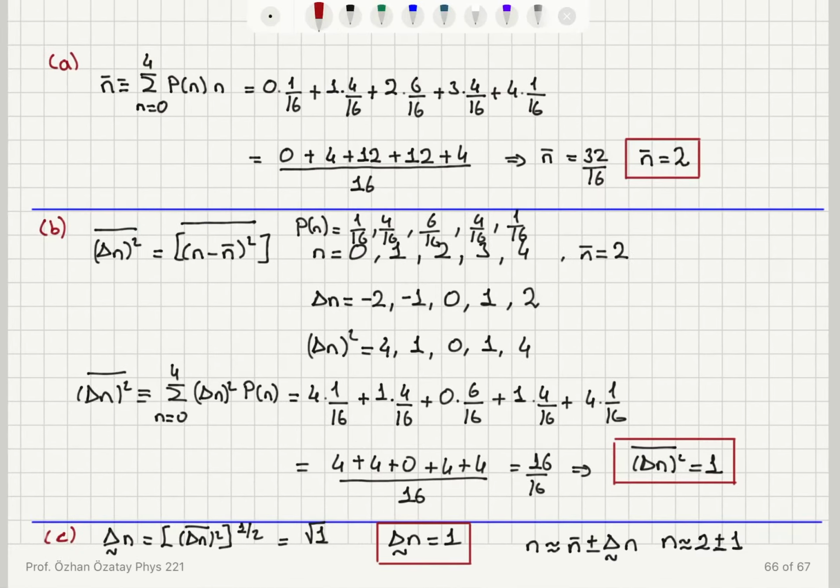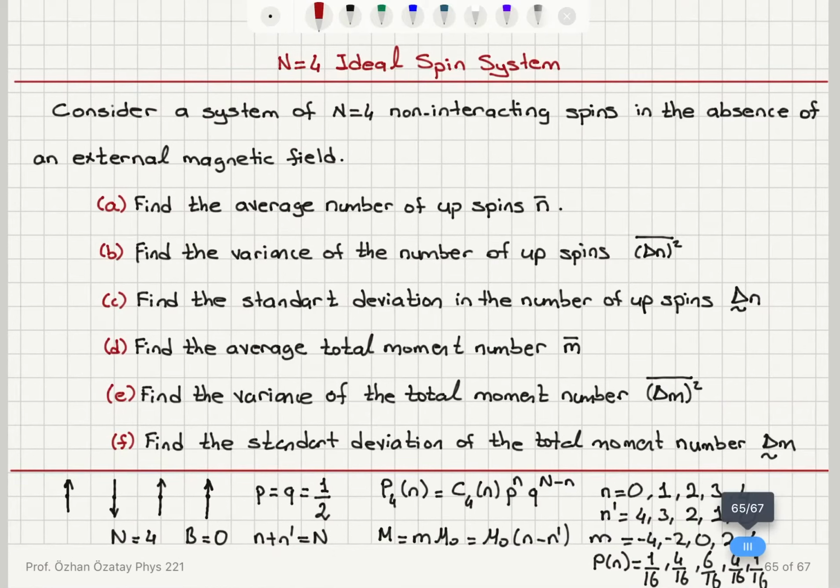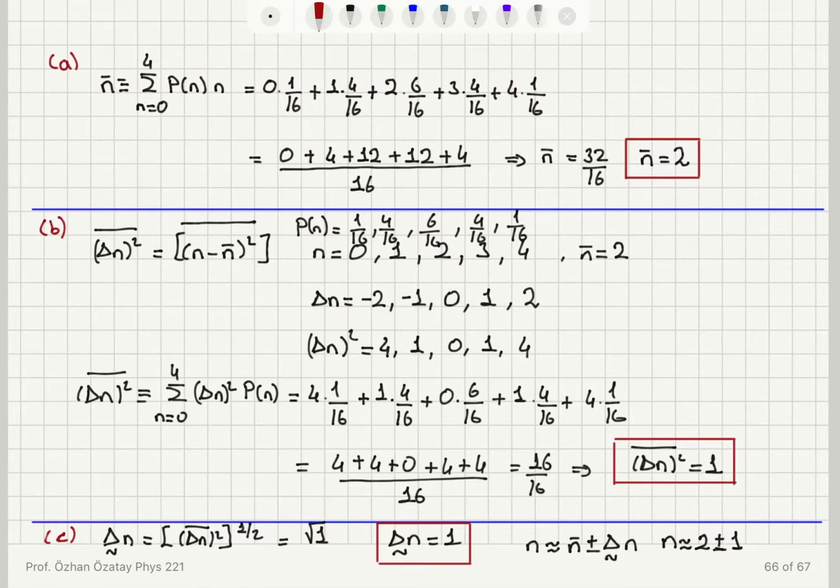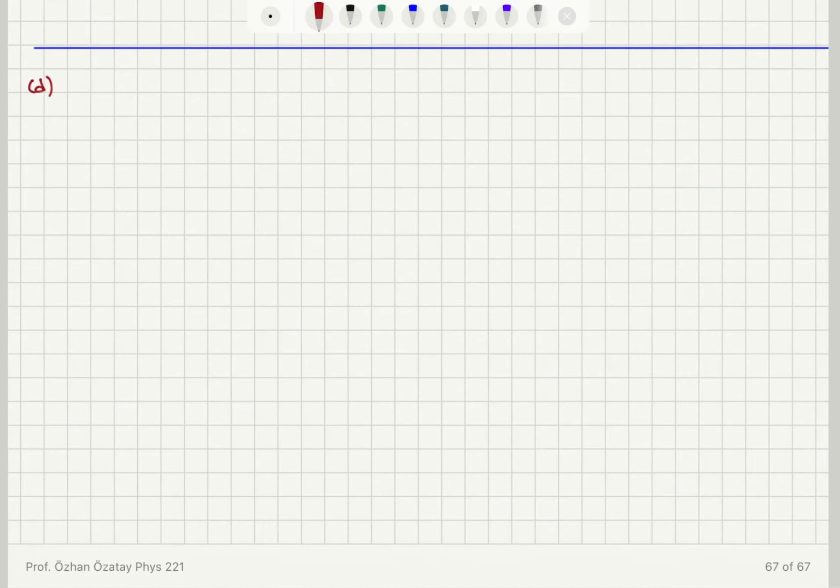In part D, we would like to know the average total moment number, m bar. I can answer the questions about m in two different ways. First of all, I will use the definition. So m bar is something I can calculate by definition, looking at all possible values of m.